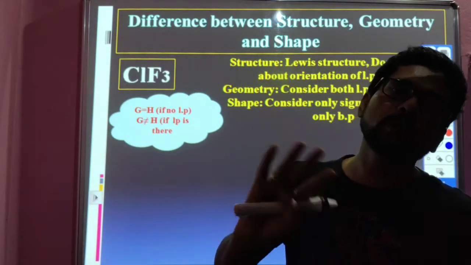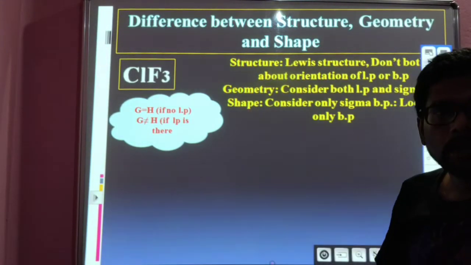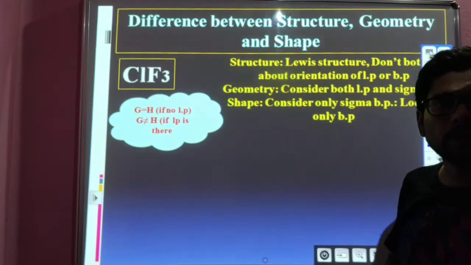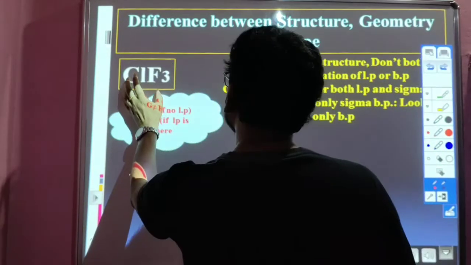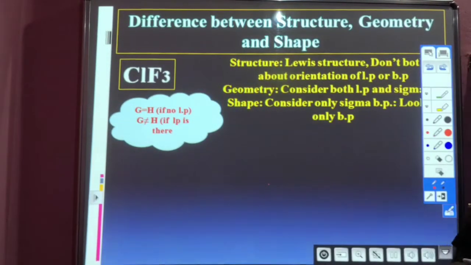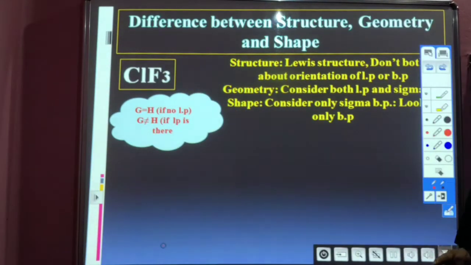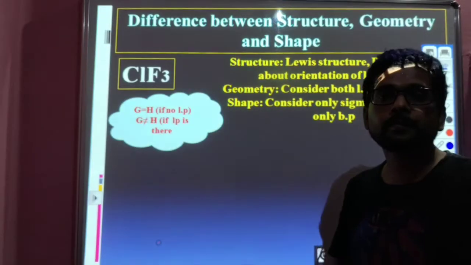I cannot put the lone pair anywhere. In proper directions, in the proper place, you have to put the lone pair of electrons. In case of ClF3, how will you put the lone pair and bond pair? Means F and lone pair: two lone pairs of electrons and 3 bond pairs.